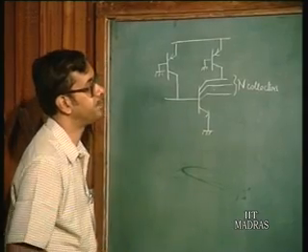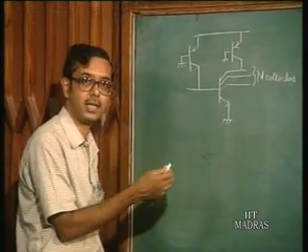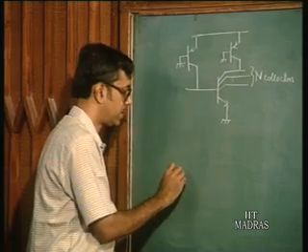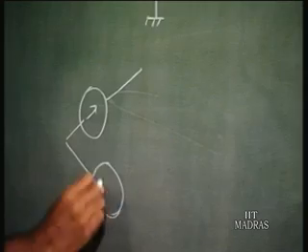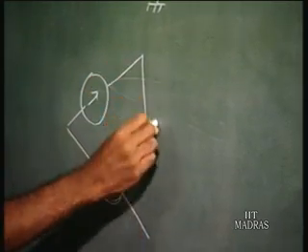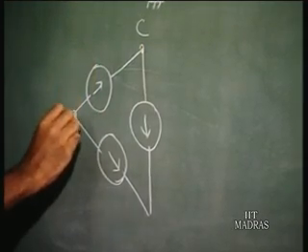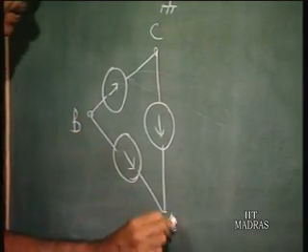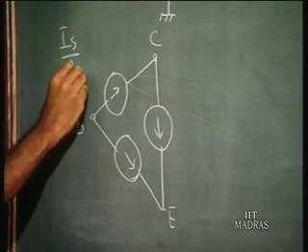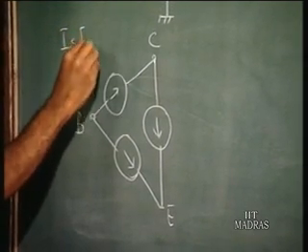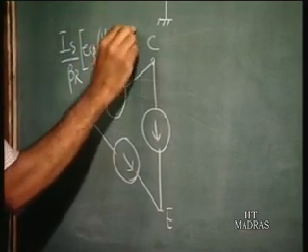IS, when we say, is actually the saturation current for one of these transistors. All right. So again, the model which we will be using is the Ebers-Moll model. I will just draw it once more. So you have three current sources, and this is the collector, this is the base, this is the emitter. So this current source is IS by beta R exponential VBC by VT minus 1.